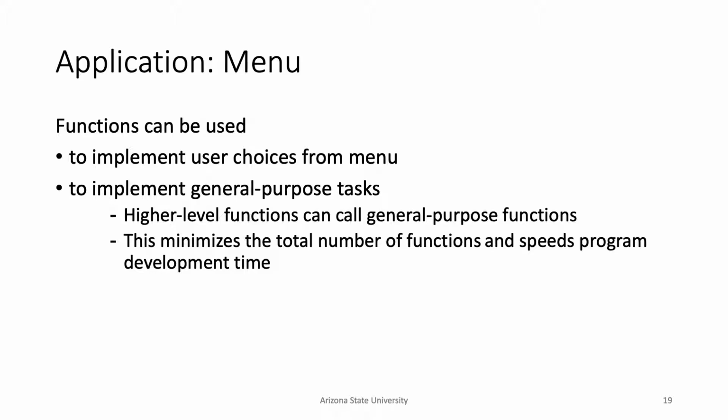So if we have a function called print menu, what do you think should be the return type of that function? Well, it depends. The function name should tell you a lot. It says print menu. Does it say create menu? No. So what should the body of the function look like? Just a bunch of what statements?